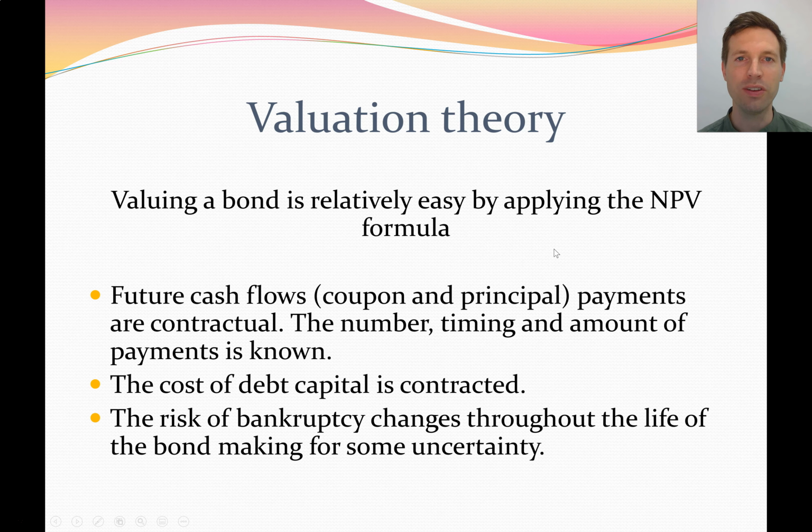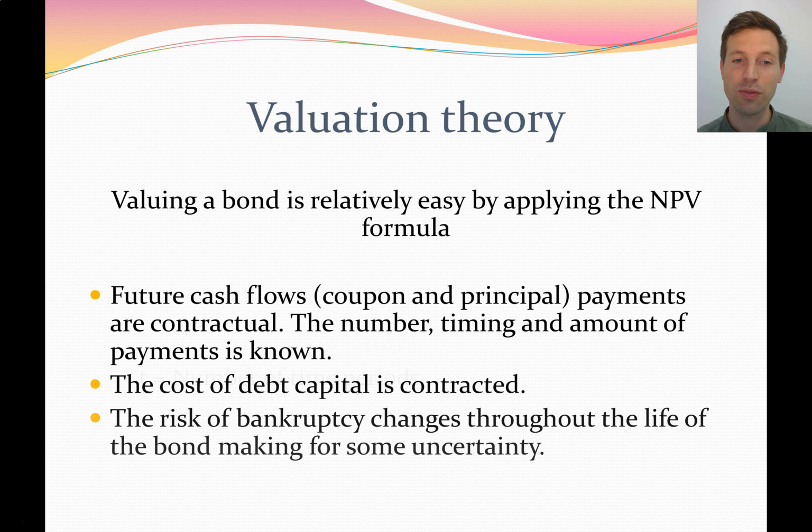So valuing a bond is relatively easy by applying this net present value formula. When you're valuing a bond, that is when a company has lent money, they issue bonds, then it's relatively straightforward to value because the future cash flows, that is the coupon payments, the interest, and the principal repayments, paying back the actual amount of the loan, are contractual. So that means the timing is known, the number of payments that will be made is well known, and the interest rate, the cost of debt capital, is contracted, so that's going to be known.